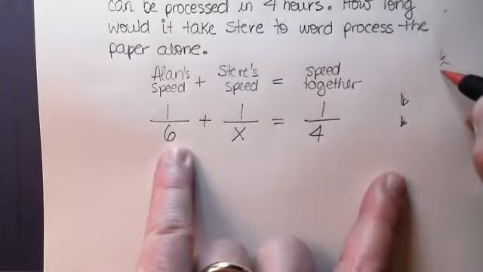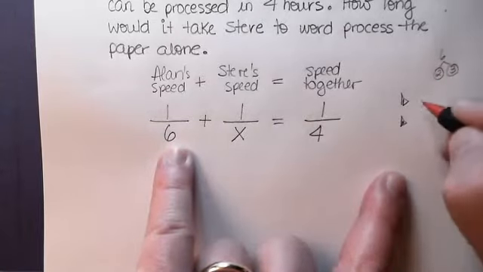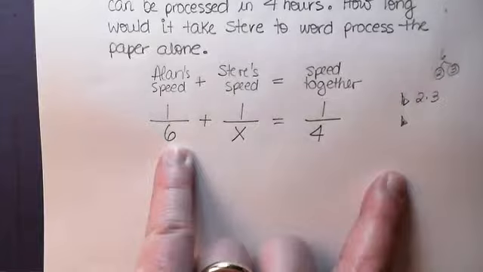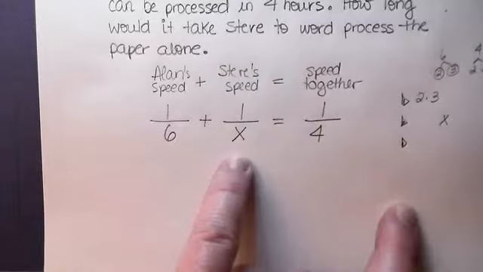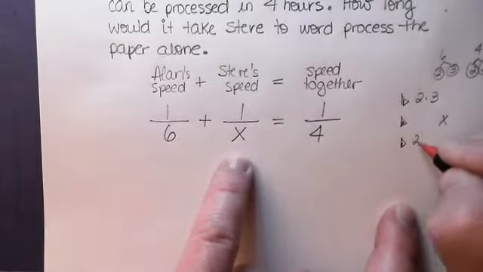The prime factorization of 6 is 2 and 3. So 6 would be 2 times 3. We have an x for the second, and for the third one we have 4, which breaks down as 2 times 2. So that means this would be 2 squared.